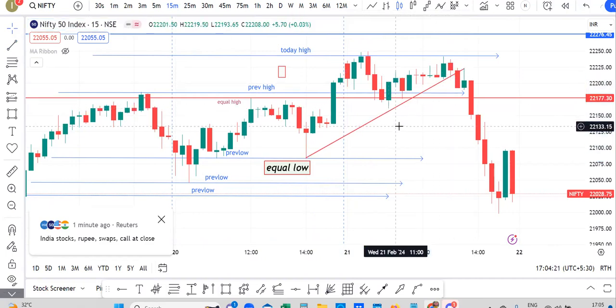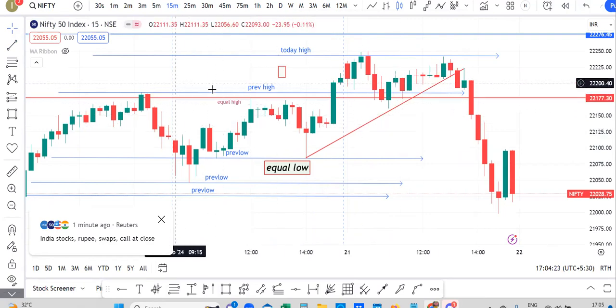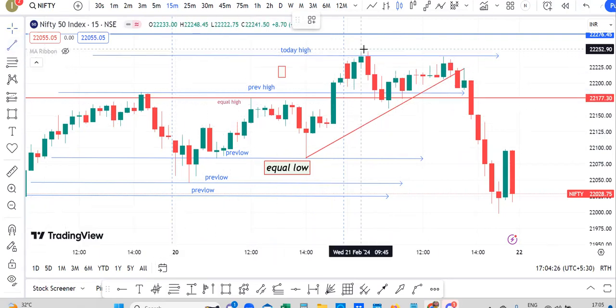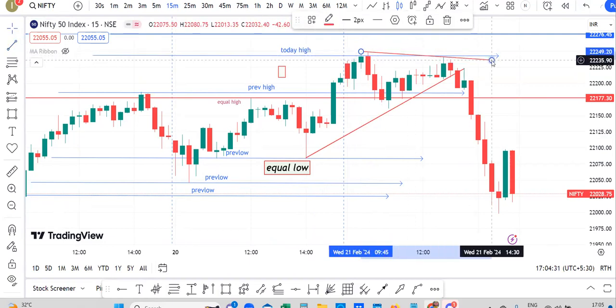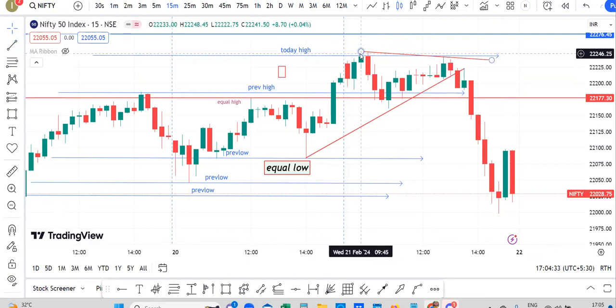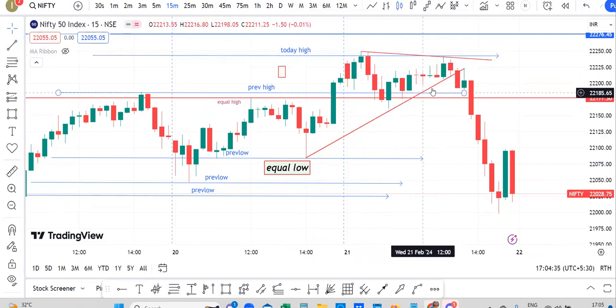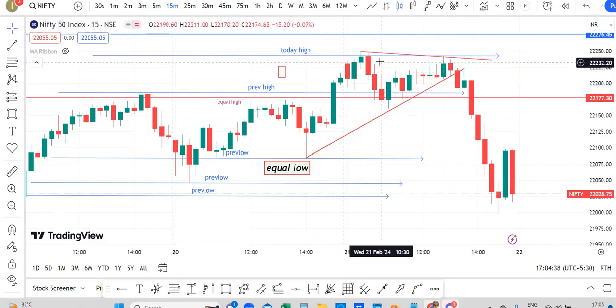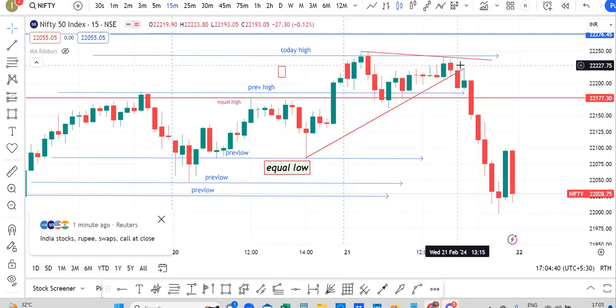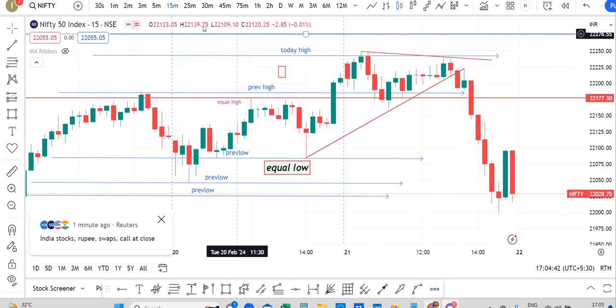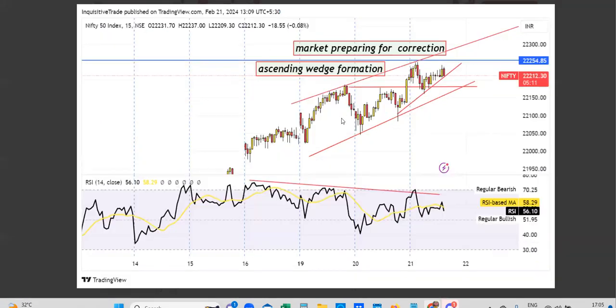Even if I draw the highs, I was able to see it is lower highs, higher lows, and a wedge type of formation was seen in the market. I posted on Quora, market preparing for correction. It was struggling at that time. So an ascending wedge formation was seen in the market. I predicted that.